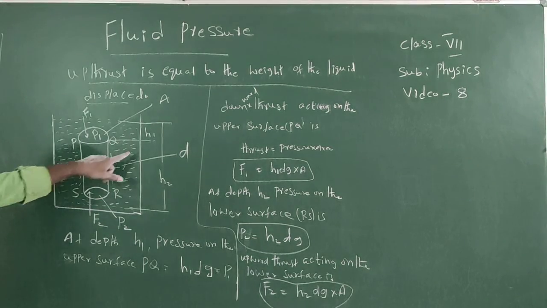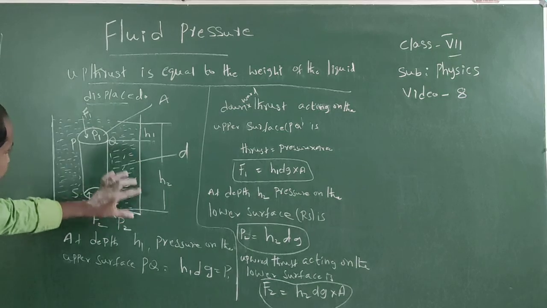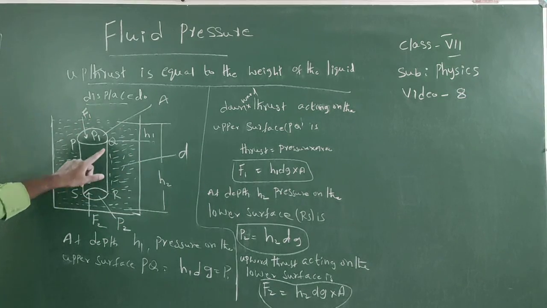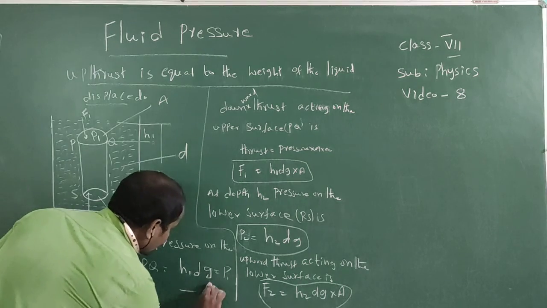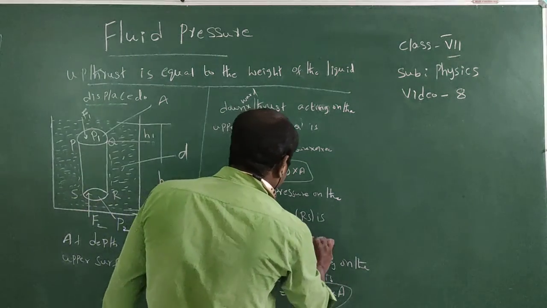Here the height is measured from the free surface to the lower surface. H1 is less than H2. This is equation number 1 and this is equation number 2.